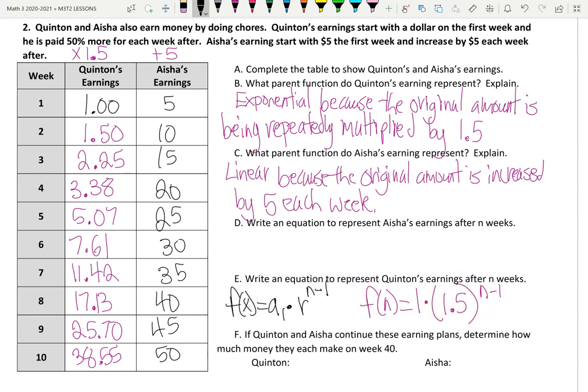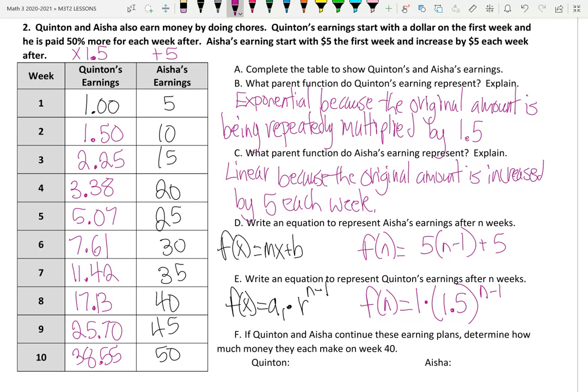Aisha's is f of x equals mx plus b. Well, she's actually going to be making f of n equals 5 times x minus 1 plus 5.